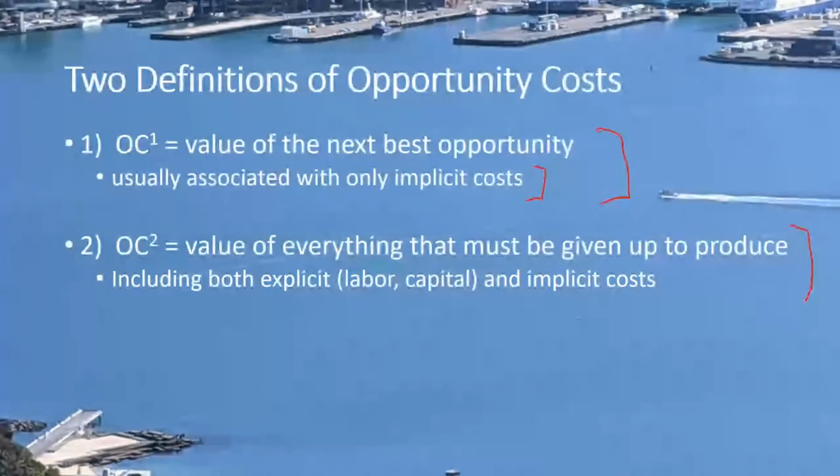And the second definition is to include in opportunity cost, not just the implicit cost, which I'm going to give you a clearer description of in just a minute, but also the explicit costs like labor and capital that I just described. And basically, OC2, they say opportunity cost is the cost of thing you have to incur in order to produce a particular product.